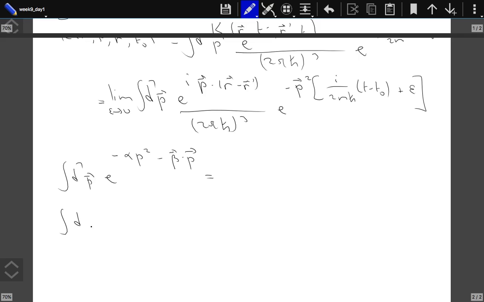Basically, it tells me that if you evaluate, for any variable y, e to the power minus alpha y squared from minus infinity to infinity, this is a one-dimensional integral, and it is just the square root of pi over alpha.